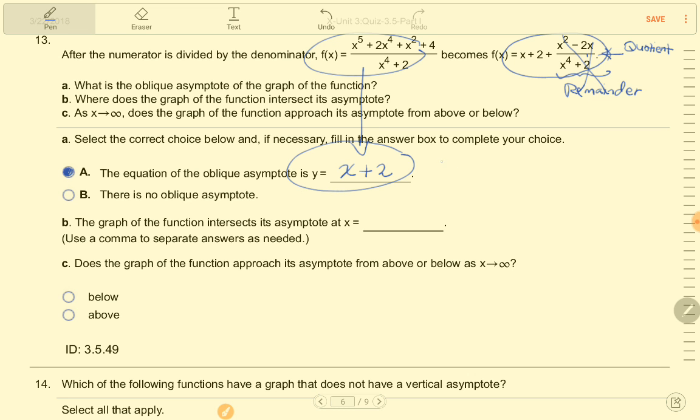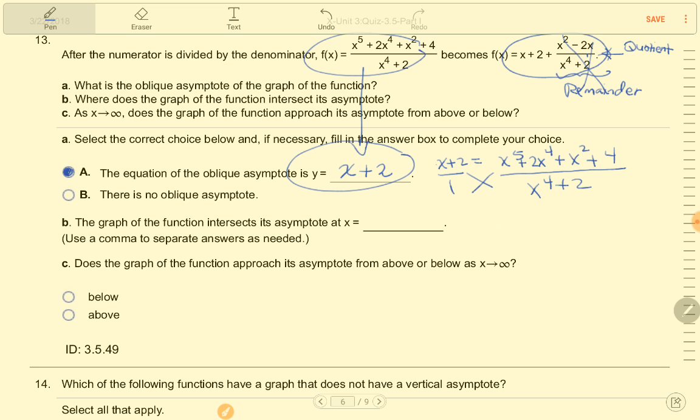Let's put x plus 2 equal to the function, x to the 5th power plus 2x to the 4th plus x squared plus 4, over x to the 4th plus 2. All right, let's make this a proportion. I'll put that over 1.